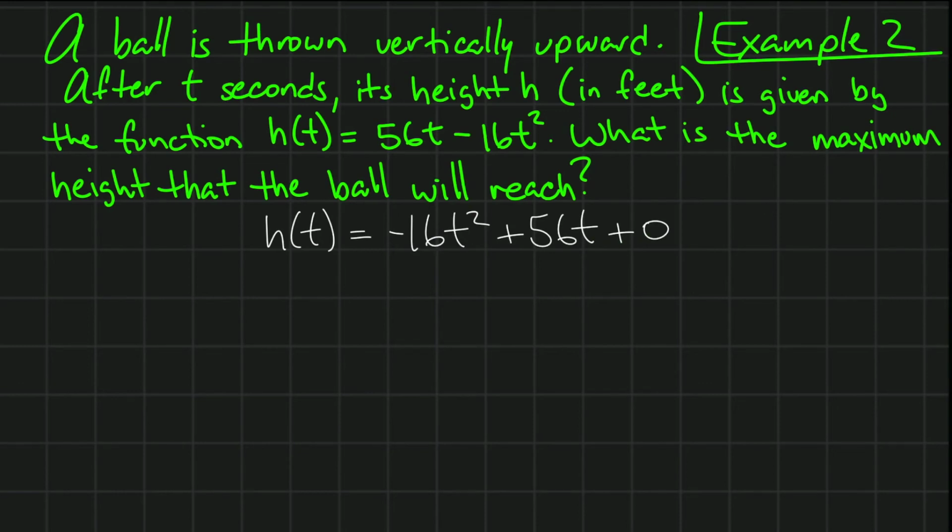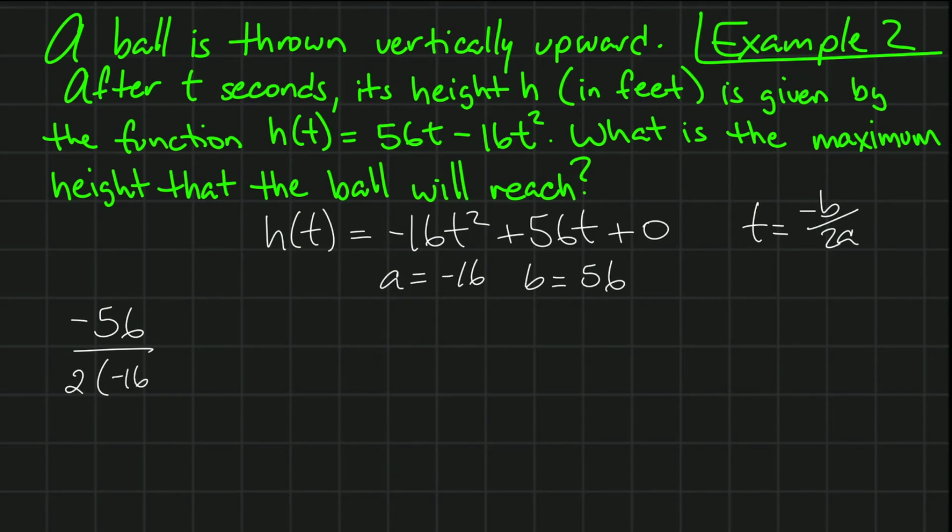So again, to find the vertex, t is going to be equal to negative b over 2a. A is equal to negative 16, b is equal to 56. We plug it into the equation, and that gives us negative 56 divided by 2 times negative 16.